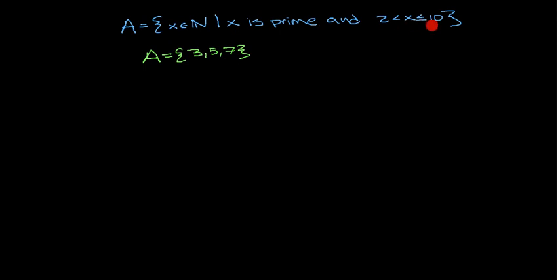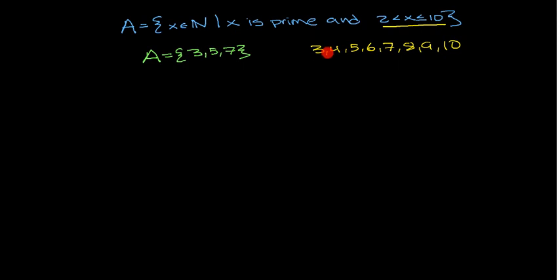We have 3, 4, 5, 6, 7, 8, 9, 10. So these are all the numbers that are between 2 and 10, not including 2, but including 10.